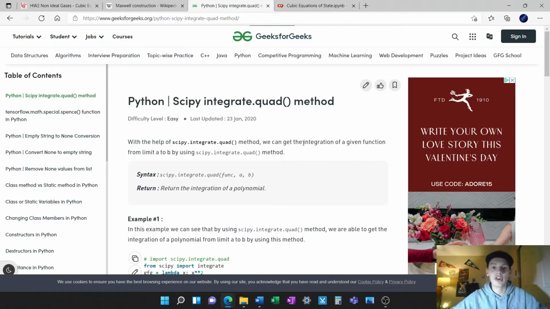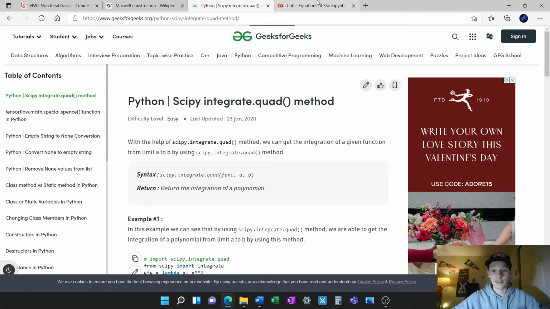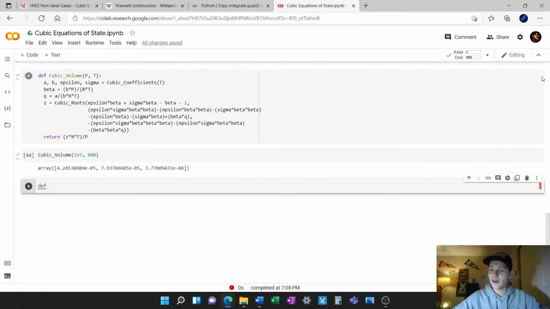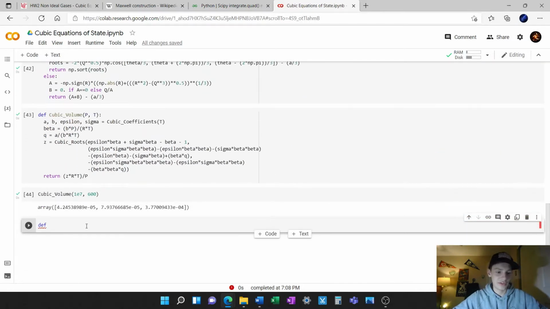This is the first step with this Maxwell construction: we need something that actually calculates the areas. Then we can probably use a root solver to adjust this pressure line until we get equal areas, in which case we can accurately superimpose our two-phase envelope on our plot up here. So let's get started with that.